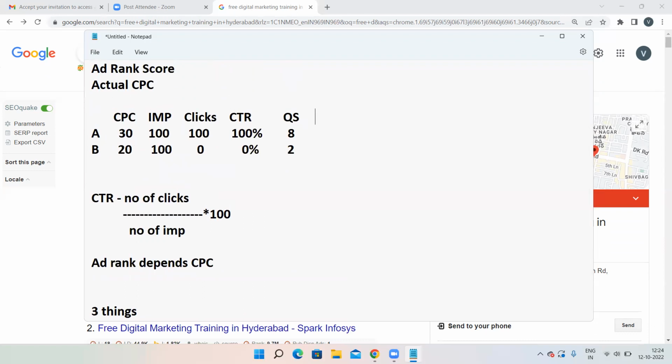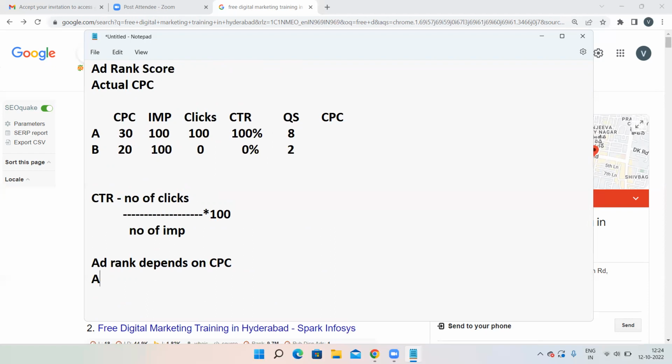Then comes the most important thing, which is CPC. Always remember, whatever we have taught till now, ad rank depends on CPC is a half statement, guys. It's not a complete statement. I told you I'll be adding something to this later in the further classes. Never ever tell someone that ad rank depends on CPC.